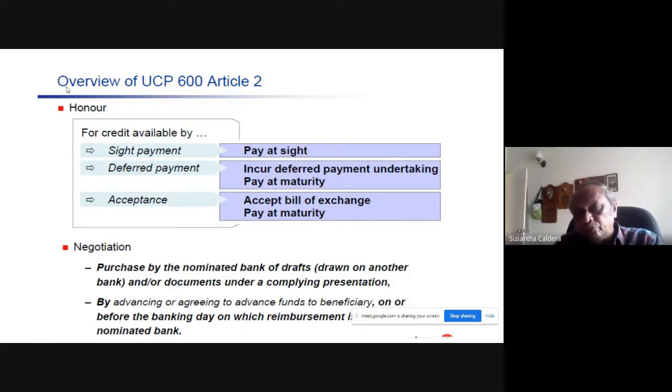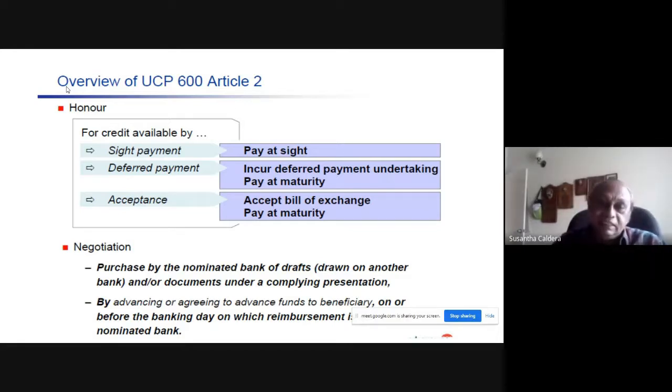I think even you people, if you are going to write the exam, there won't be much difference. If I ask you that question, what is the answer? Why do some countries go for deferred payment rather than acceptance?